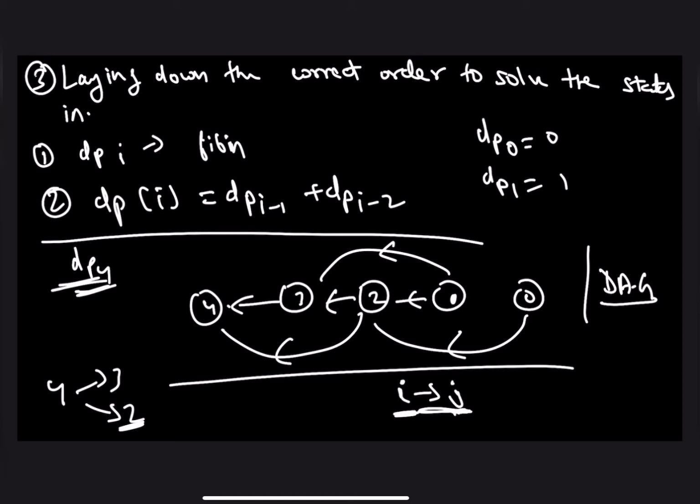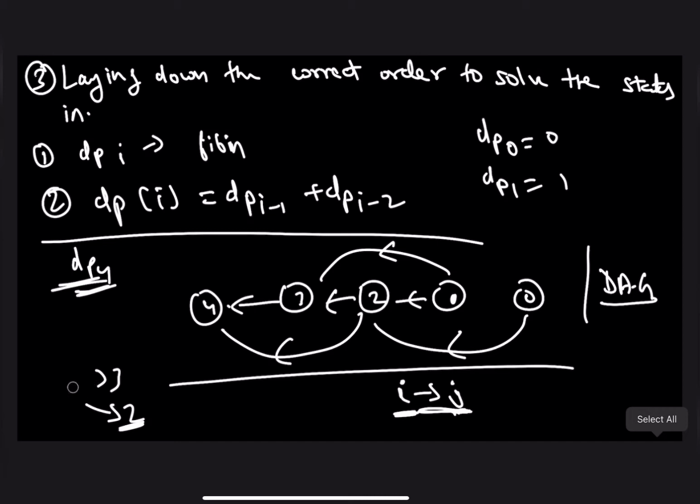So the correct order to solve the states will be the topological order of this directed acyclic graph. If you sort these states in topological order with the help of this graph, you will get the correct order to solve the states in.